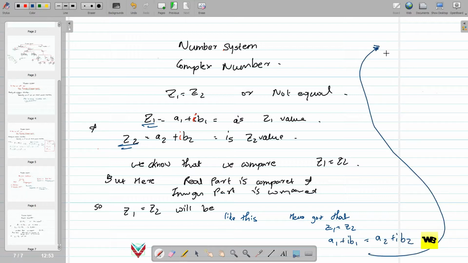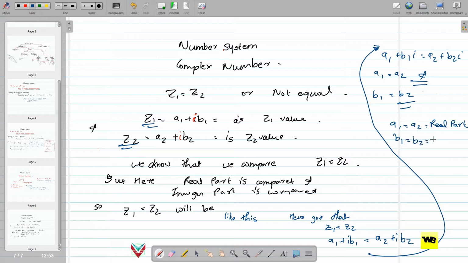So A1 equals A2 and B1 equals B2. Here A1 equals A2 is the real part and B1 equals B2 is the imaginary part.